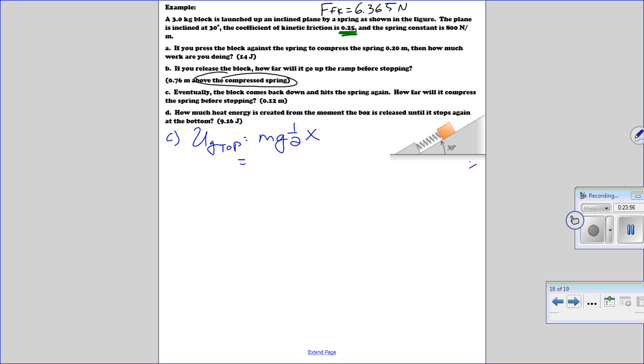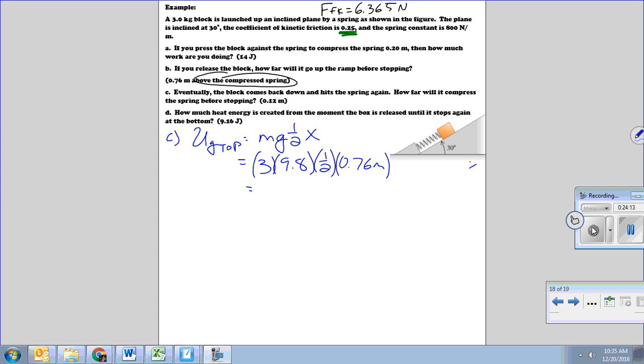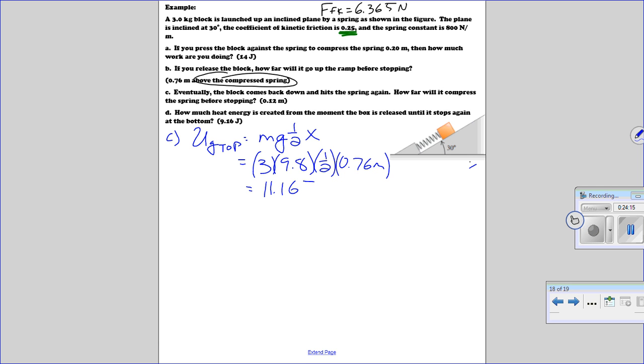Let's figure out what that is. Our mass is 3, our gravity is 9.8, times 1/2 of our x, which we just figured out was 0.76 meters. If you figure out the gravitational potential energy at the top, you get 11.16 joules.